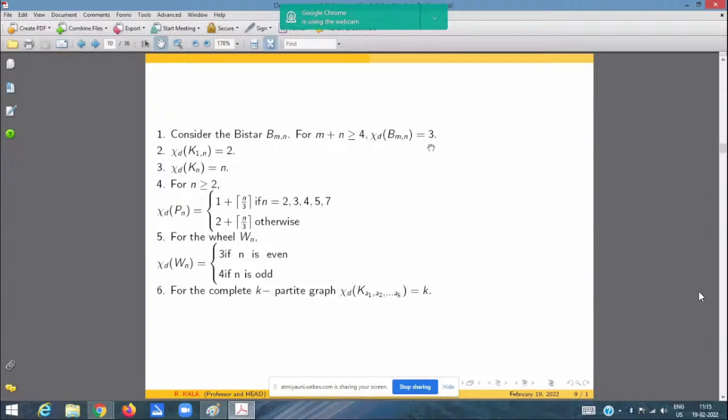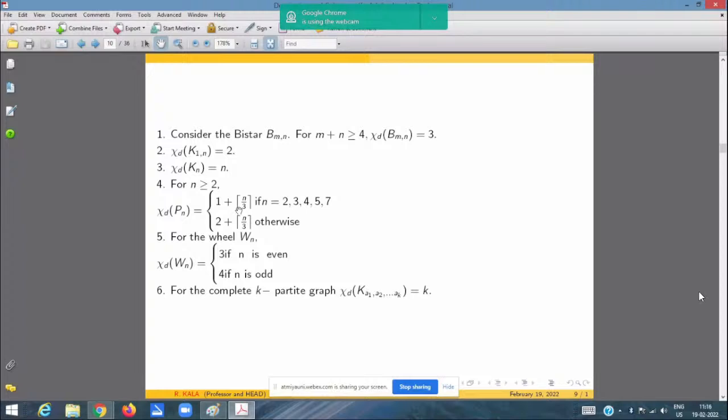So you need a 3rd color. For the 2 supports, you use 2 different colors, and for all the pendants, you use the corresponding color. So you have a chi D coloring with 3 colors. For K1,n, I can manage with 2, and for Kn, the chromatic number itself is n. So chi D of Kn is n.